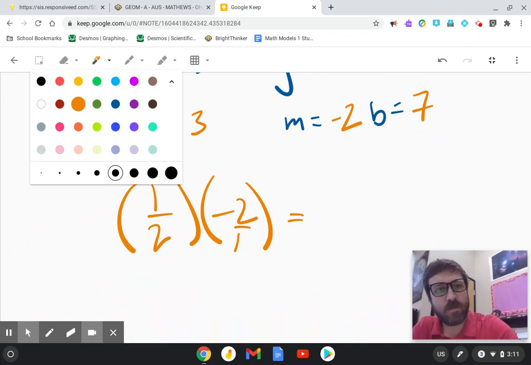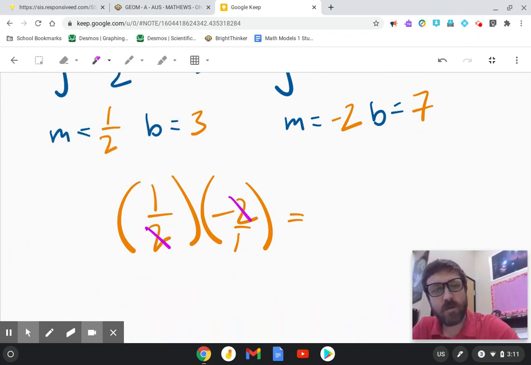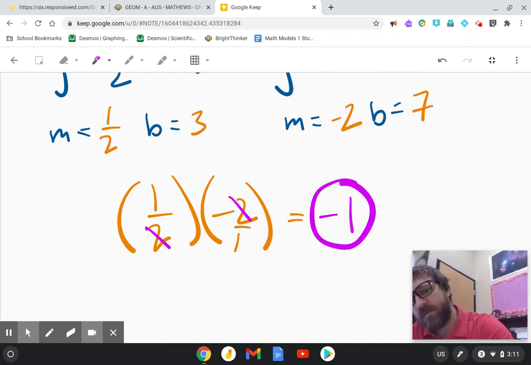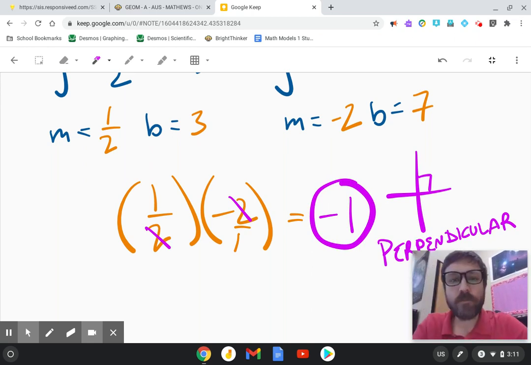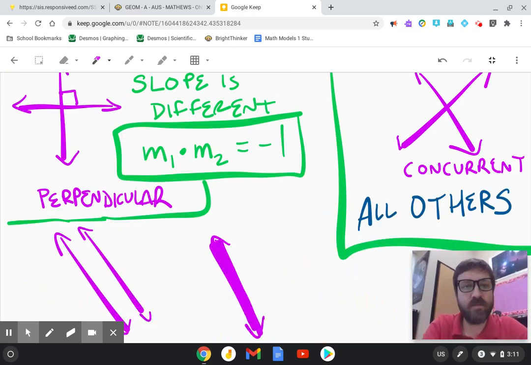So then we know that the 2's are going to cancel, leaving me with 1 and -1. 1 times -1 is -1. So this means that they are perpendicular, because the slopes multiplied to make -1.